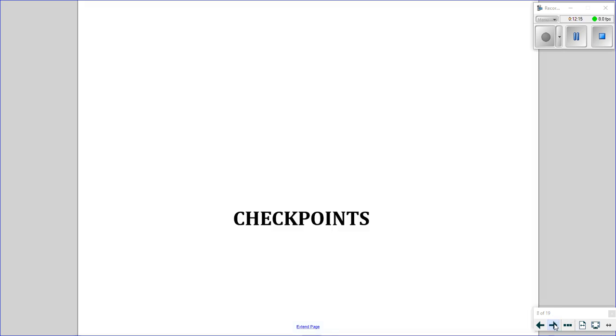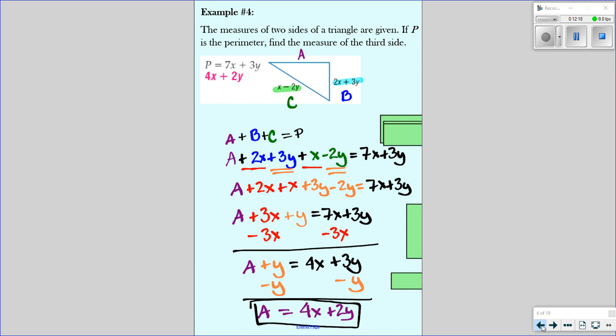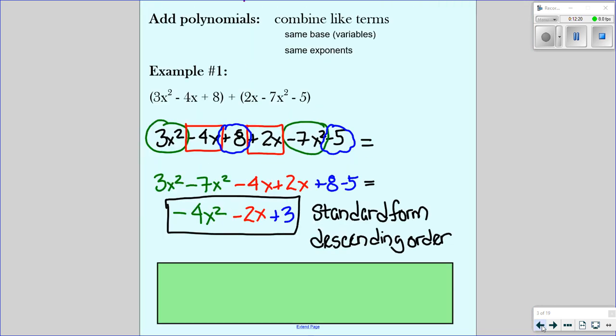Right. So this is the end of that. Let's do a recap. We learned about adding and subtracting polynomials. When it comes to adding polynomials, you combine the like terms. That means if there's the same base with the same exponent, you combine them. If you had the same base but different exponents, then you can't combine them. It has to be exactly the same.